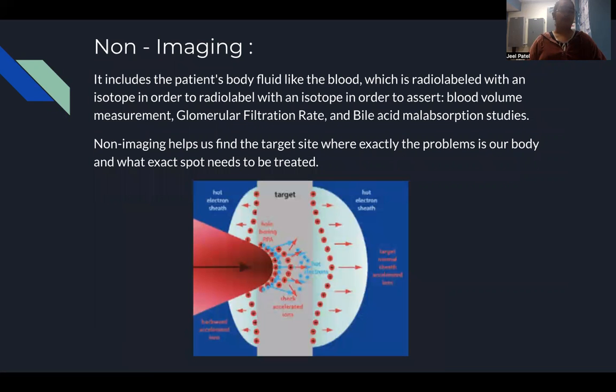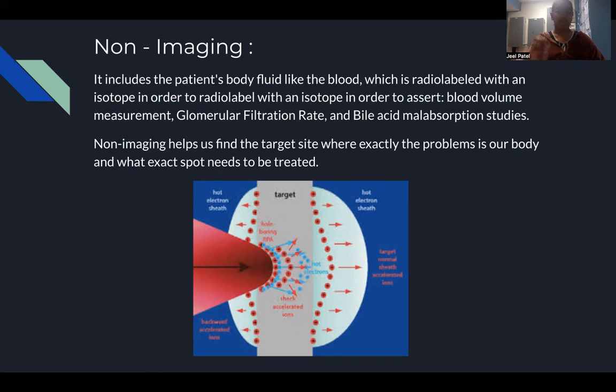Next is non-imaging, which includes radio labeled blood. It is the middle stage, where the specific target is found, where exactly the treatment is needed.